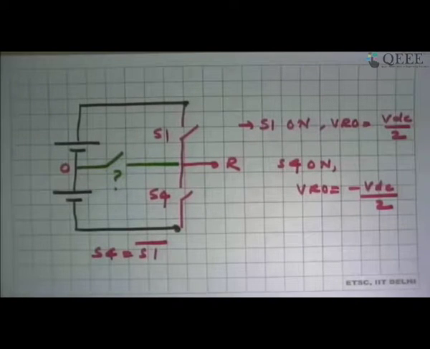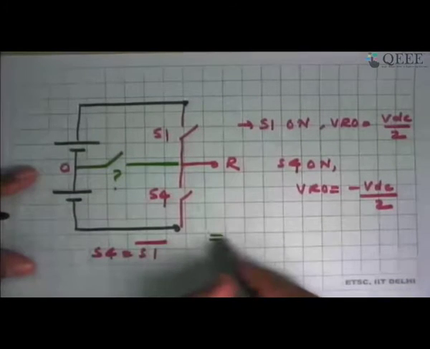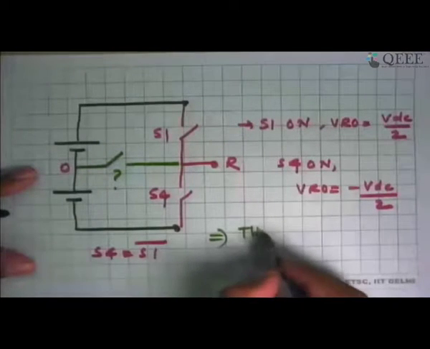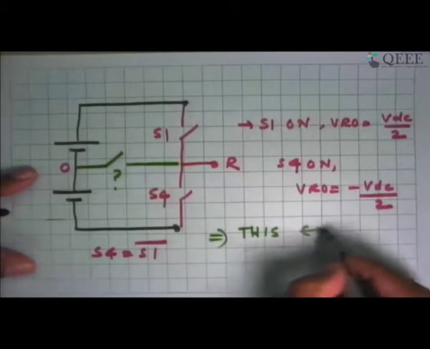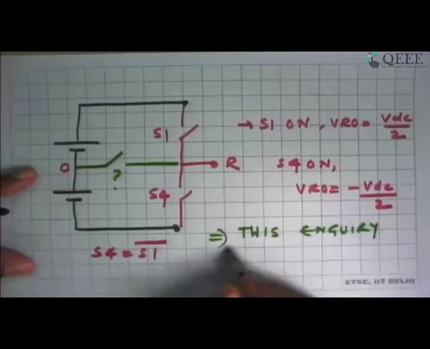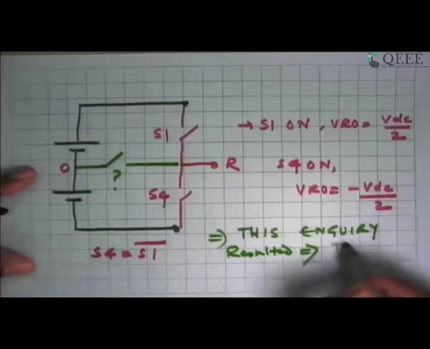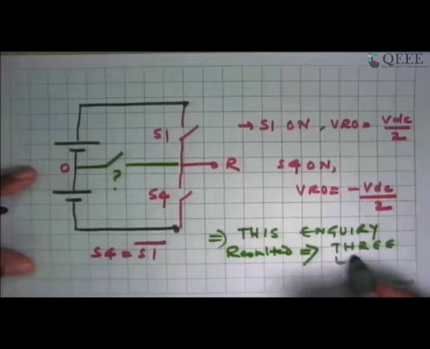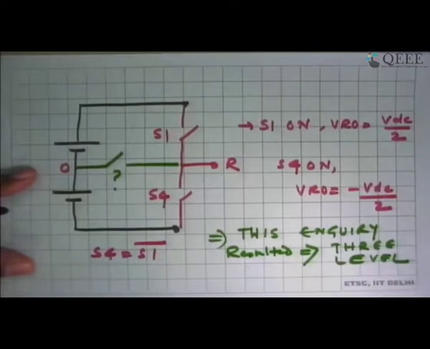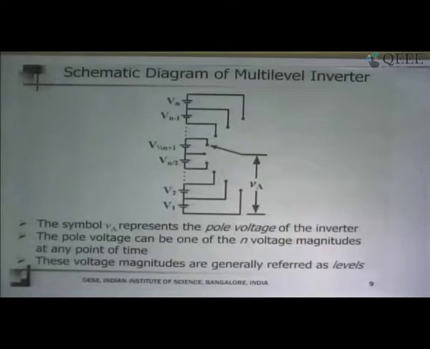So if we can do that, we can get three levels of pole voltages. So let us talk about this.